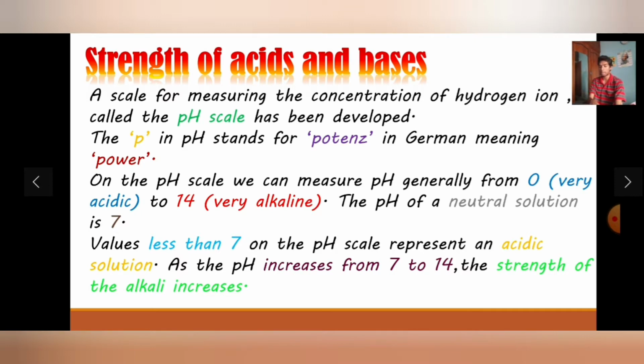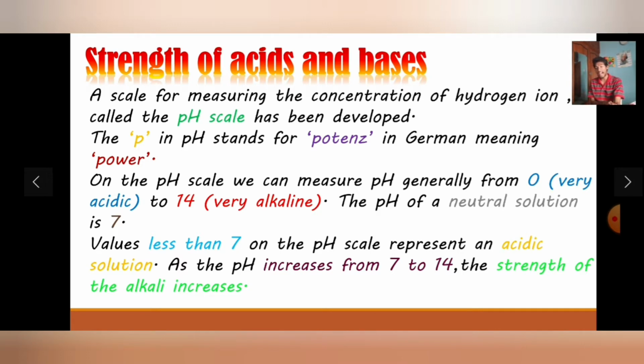On the pH scale we can measure pH generally from 0, which is very acidic, to 14, which is very alkaline or very basic. The pH of a neutral solution, which is neither acidic nor basic, is 7 according to this scale.